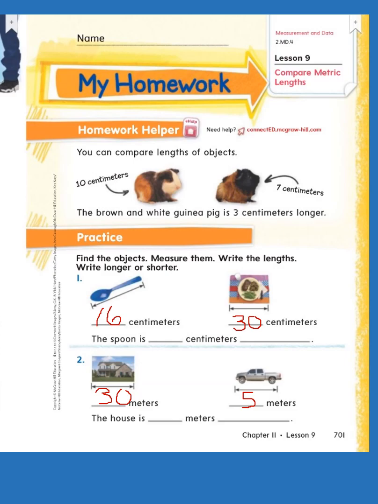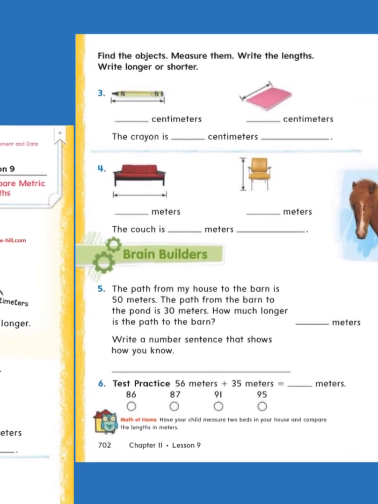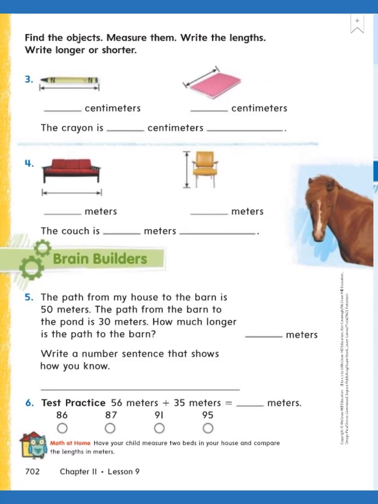And then on the next page, let's say the crayon is 10 centimeters and the notebook we'll say is 25 centimeters.